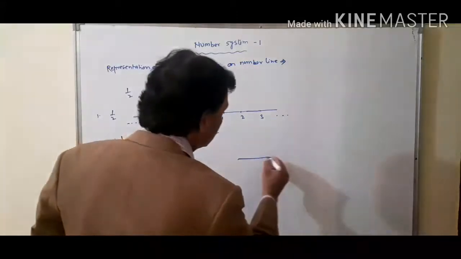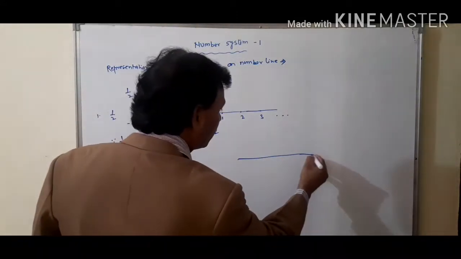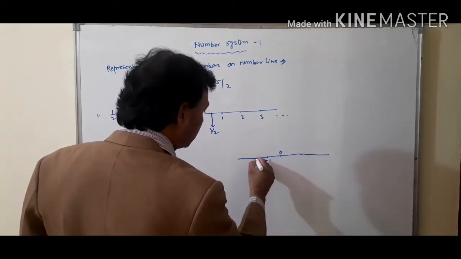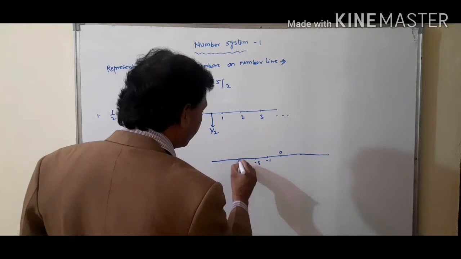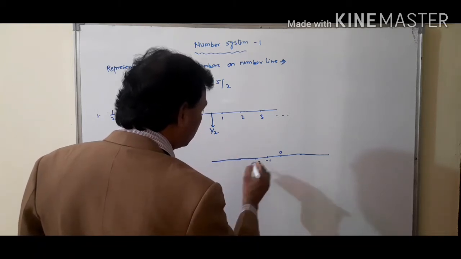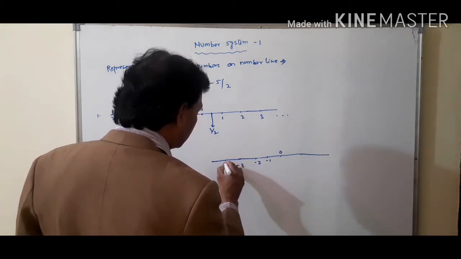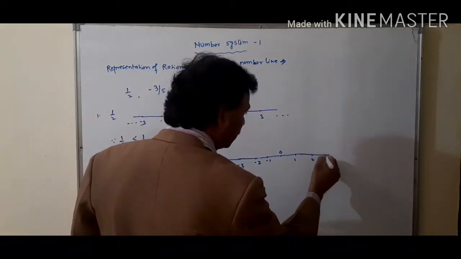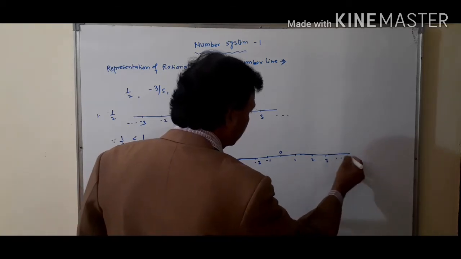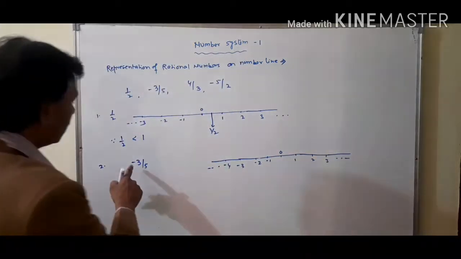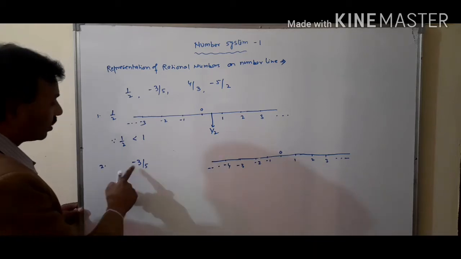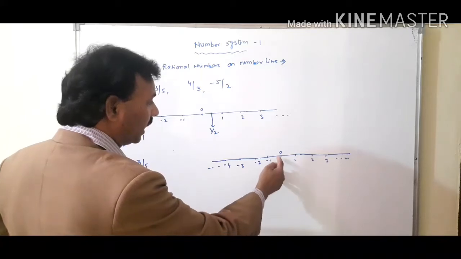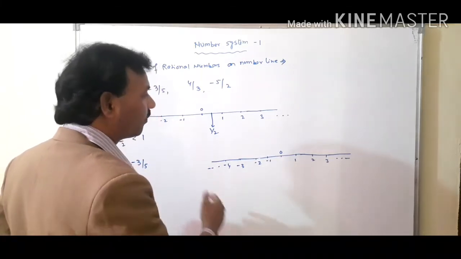Suppose this is a number line and this is the 0, this is minus 1, minus 2, minus 3, minus 4 and so on, and this is 1, 2, 3 and so on. Since minus 3 upon 5 is negative, it lies on the left side of 0.